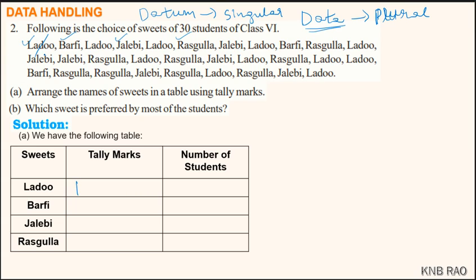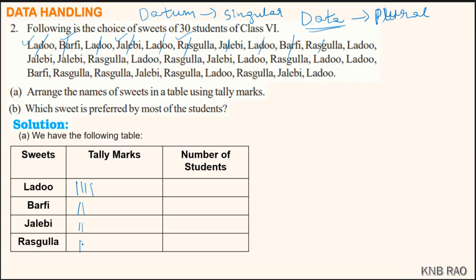Laddu, first one. Barfi, second one. Laddu once again, third one. Jalebi, fourth one. Laddu, third one, and Rasgulla, first one. Jalebi, second one. Laddu, fourth one. Barfi, second one.